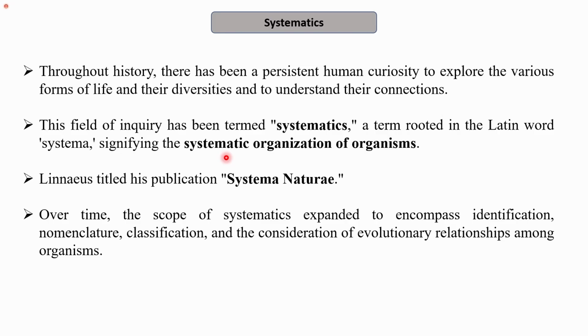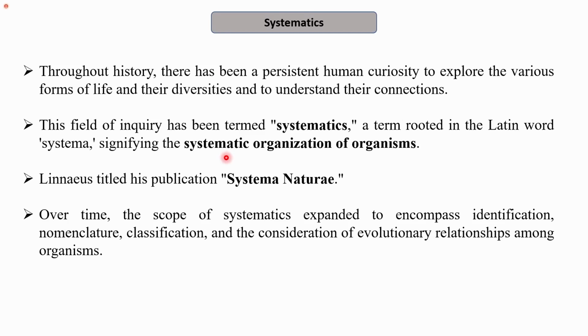Over time, the scope of systematics has expanded. Earlier it was just the systematic organization. Now it involves the identification, nomenclature, classification, and the evolutionary relationship also, that is, how different organisms are evolutionarily related.